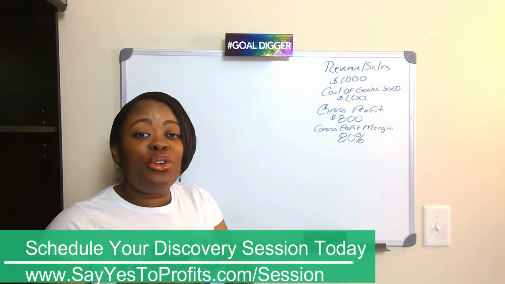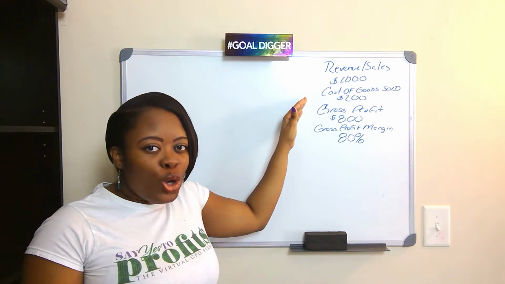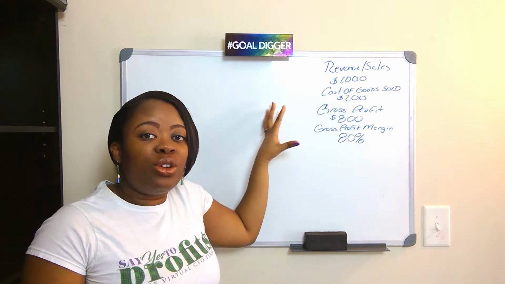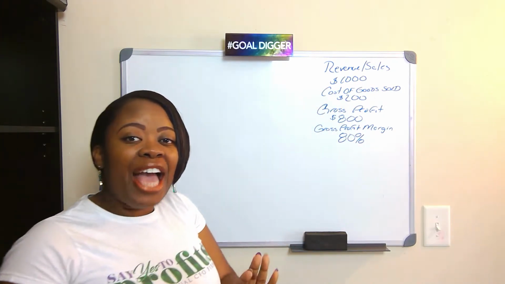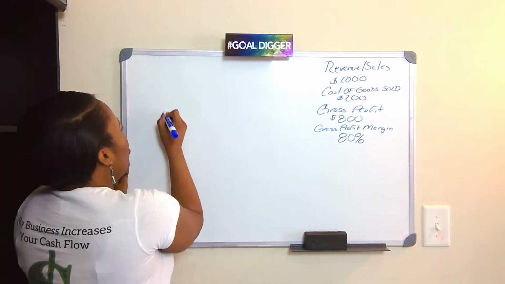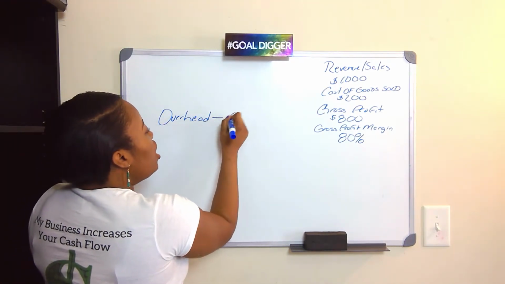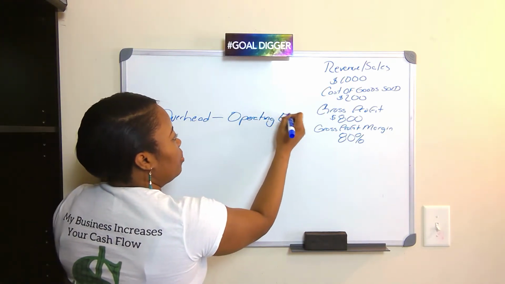So far, you know your revenue, your cost of goods sold, your gross profit, and your gross profit margin. This $800 that you have left over, or this 80%, is actually going to be allocated to your overhead, which is also called your operating expenses.